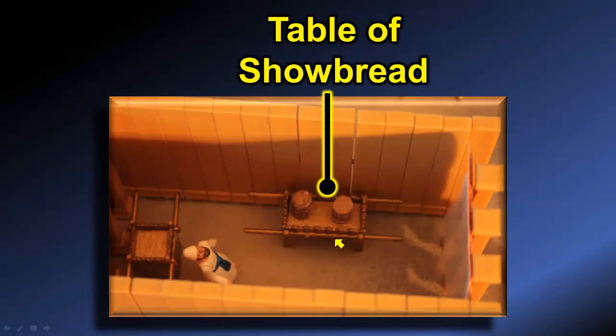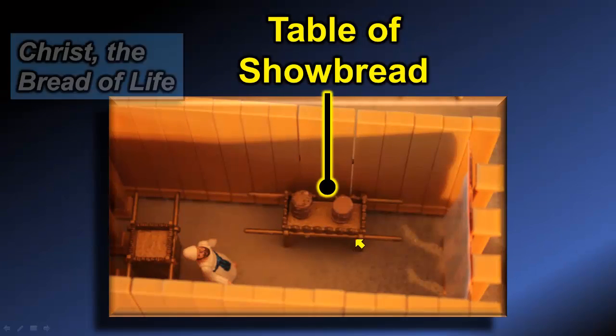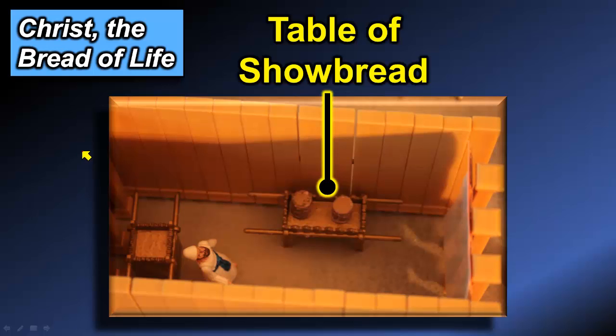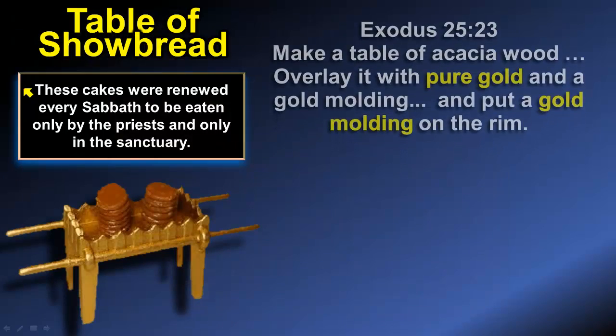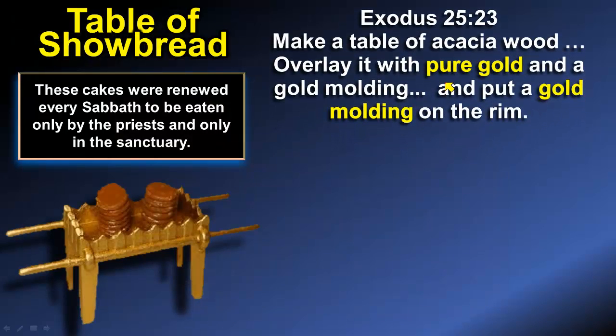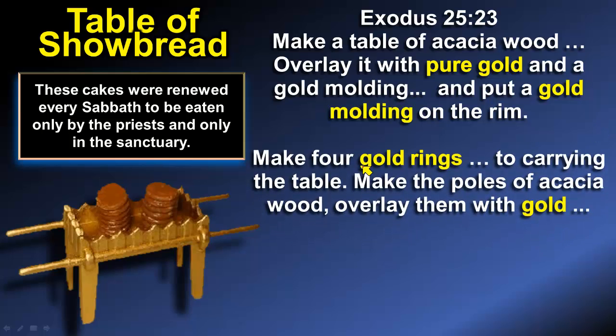So the table of showbread was on the north side, and that reminds us that Christ is the bread of life for us. So it was made of acacia wood, had pure gold overlay and molding on its rim, had golden rings.